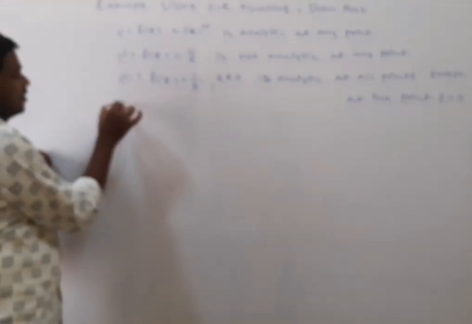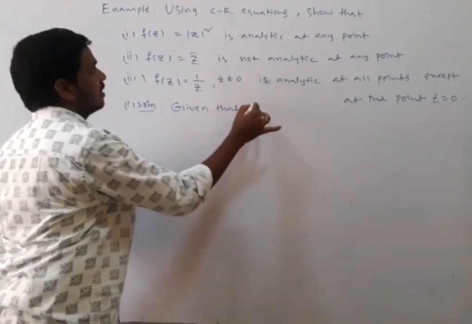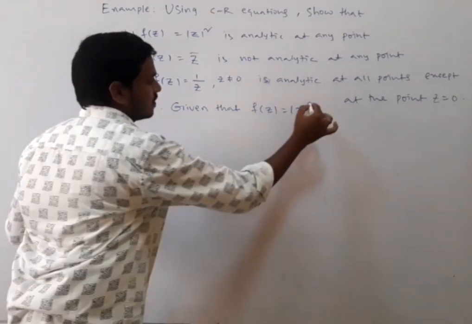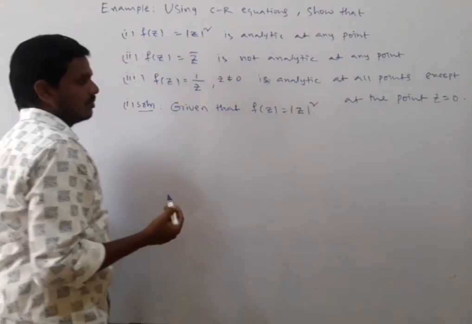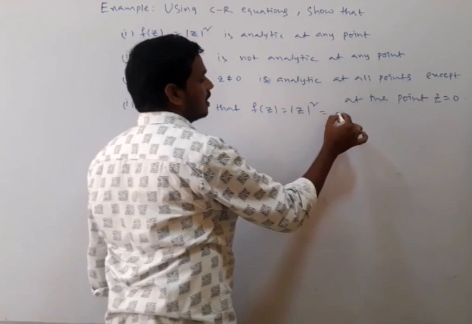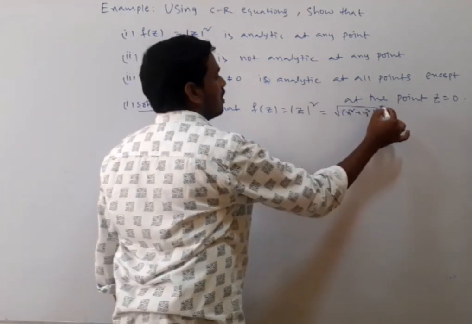First coming to the first solution, what is the given function here? Given that f of z is equal to mod z whole square, which is the magnitude of a complex number. If you take z equal to x plus iy, mod z whole square is nothing but the square root of x square plus y square, whole square.